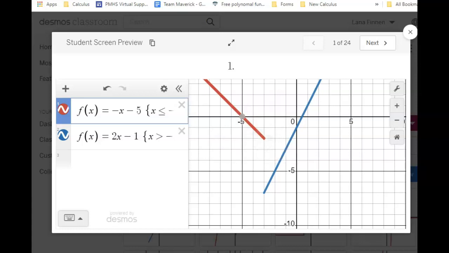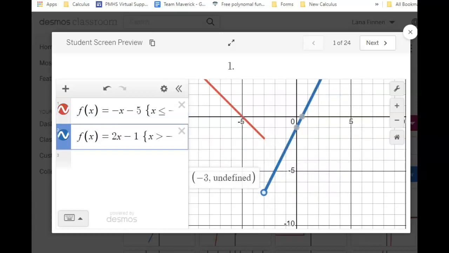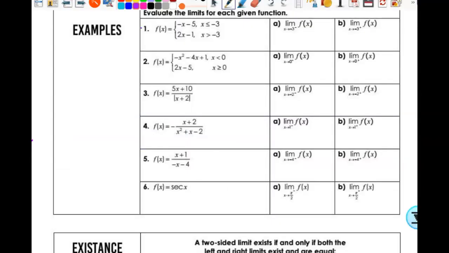I'm approaching -2, right? As I approach -3 from the right, I'm approaching what? -7. So it's -2 and -7. Does that make sense? So my answers here: the limit as we approach from the left is -2, from the right, -7. It's that easy, okay?